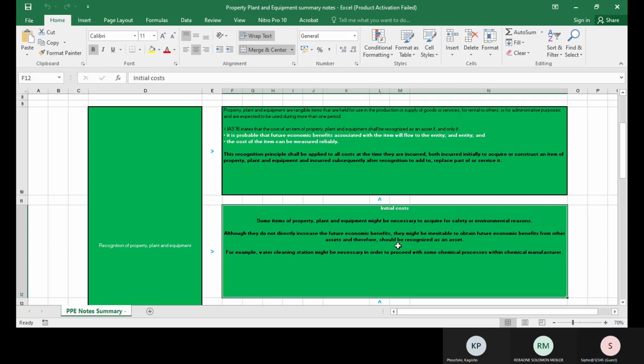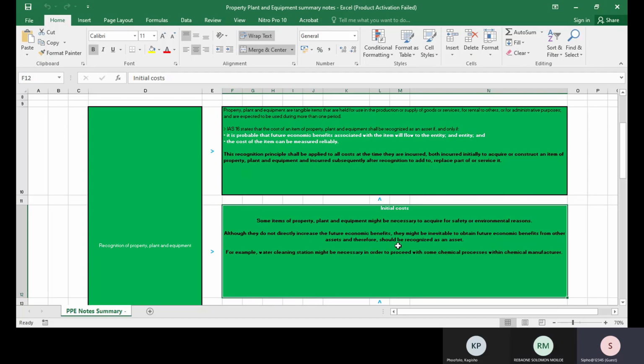For example, a water cleaning station might be necessary in order to proceed with some chemical processes within a chemical manufacturer. Remember, the chemical manufacturer is selling chemicals. What generates the revenue in this case is not the water cleaning station, it is the chemicals.